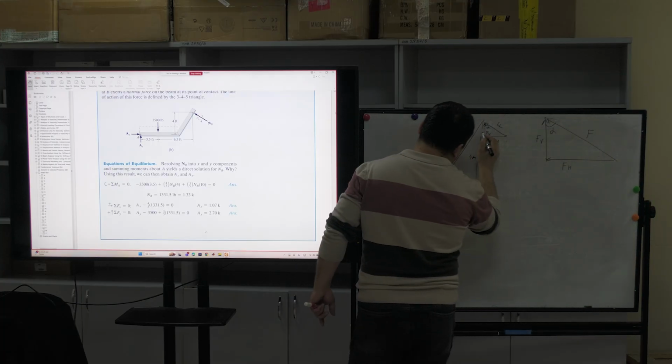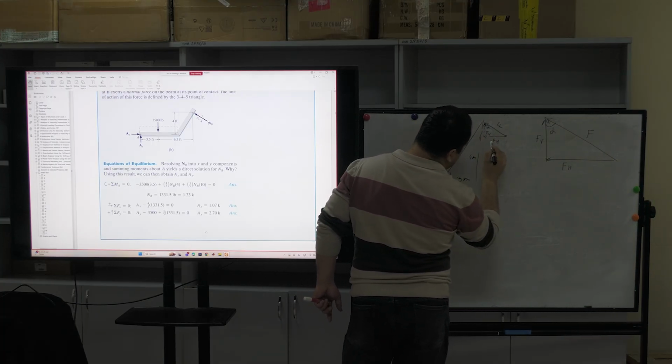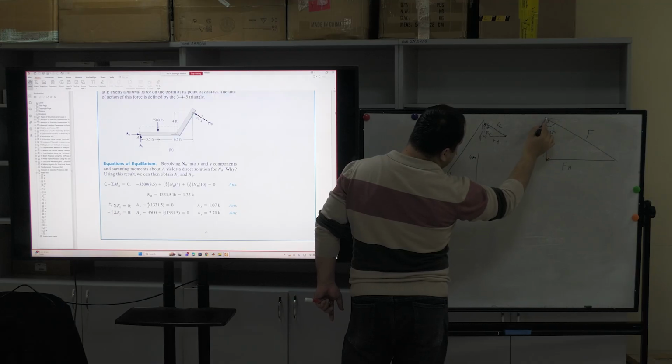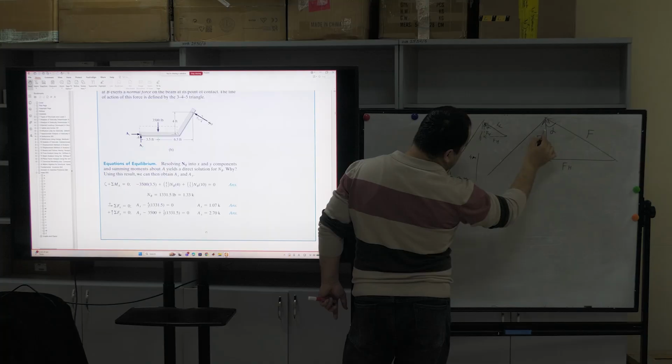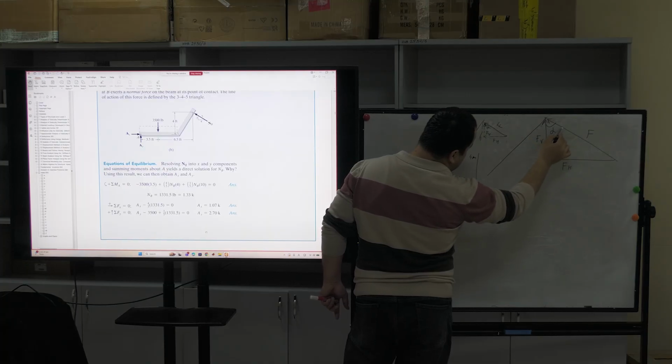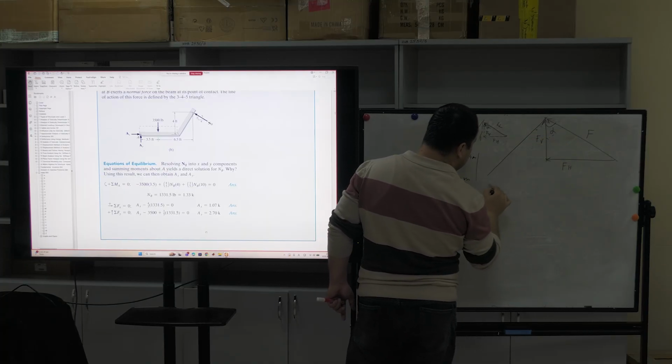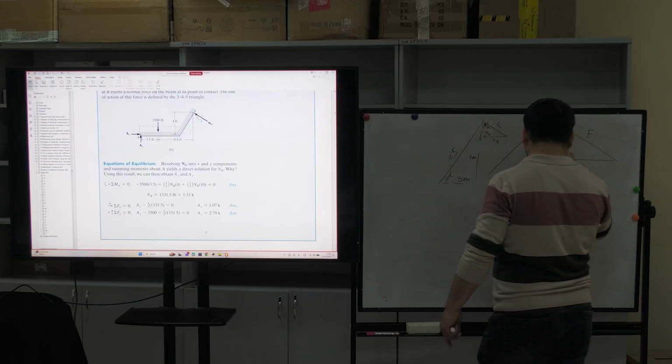Or we can identify how this will be alpha. This is a 90 degree angle, and you have a 90 degree here.